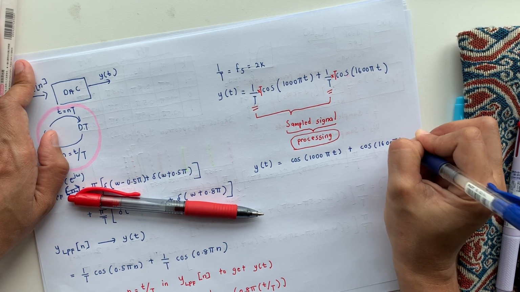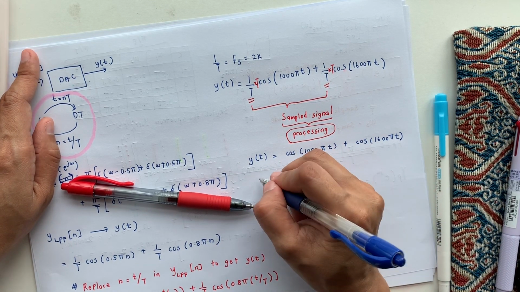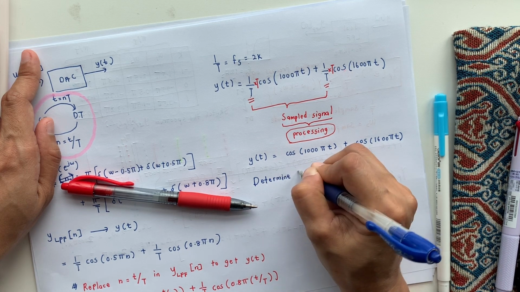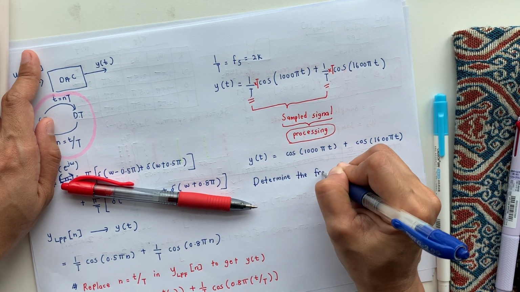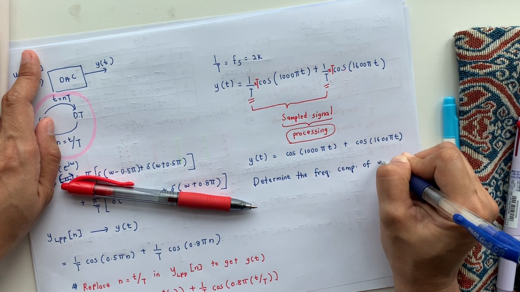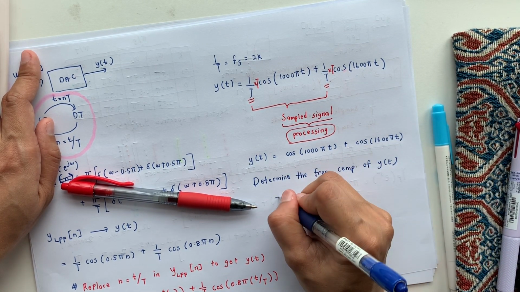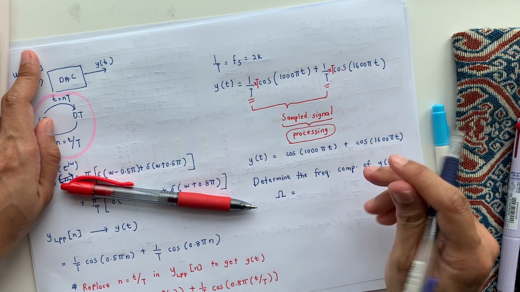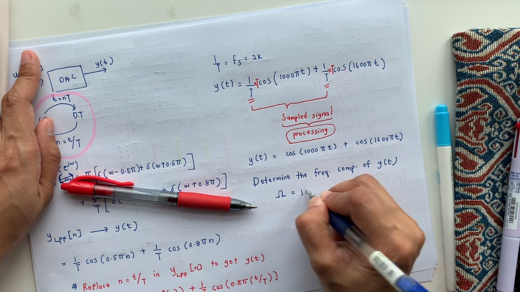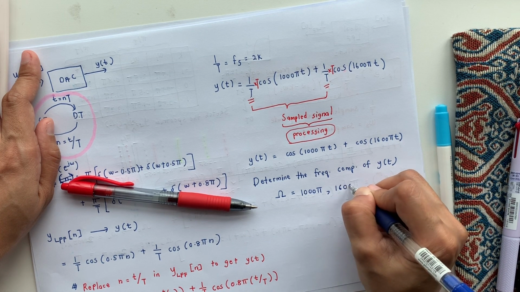1600 pi t. If the question asks you to determine the frequency components of y(t), you know that your omega is equal to 1000 pi and 1600 pi.